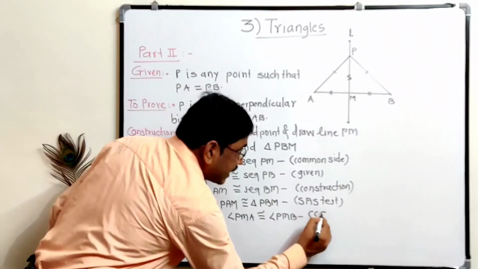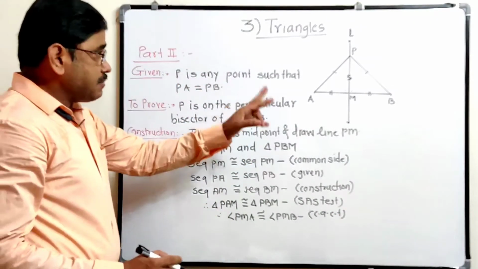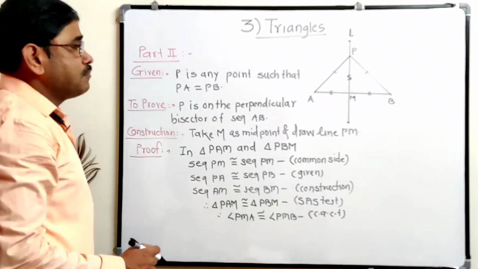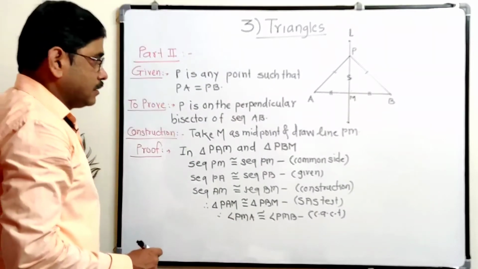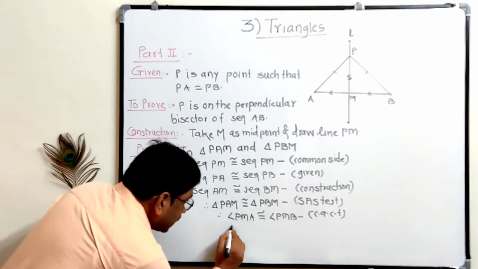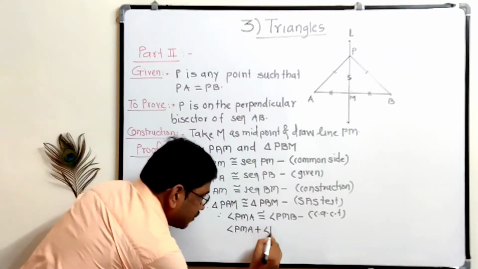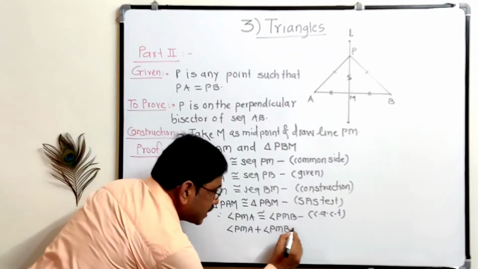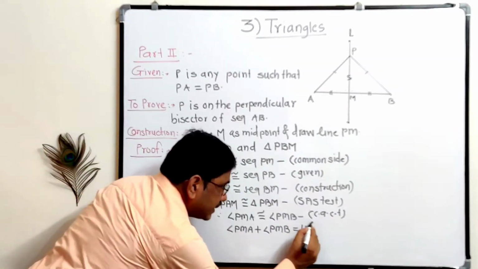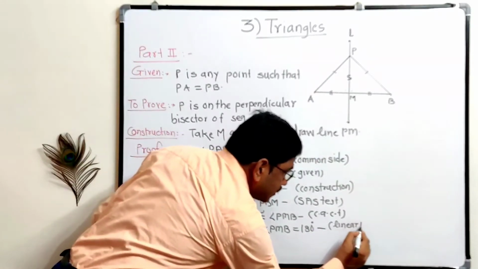The reason is corresponding angles of congruent triangles. But remember, this PMA and PMB form a linear pair. So angle PMA plus angle PMB is equal to 180 degrees. The reason is angles in a linear pair.